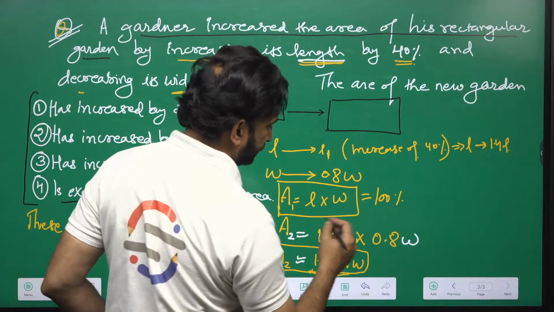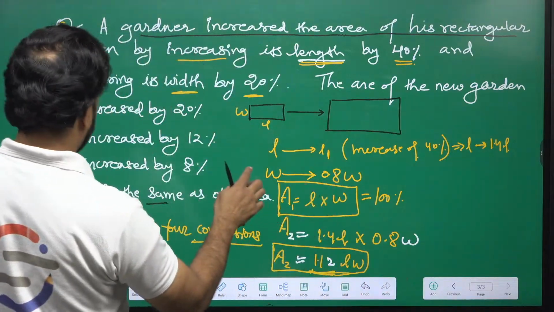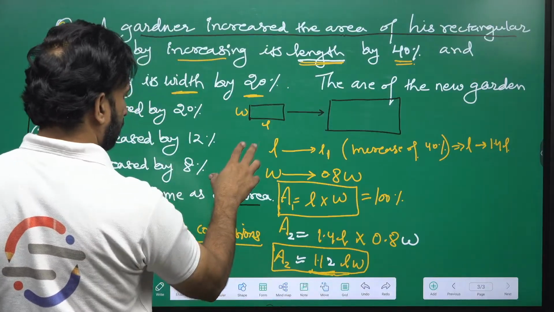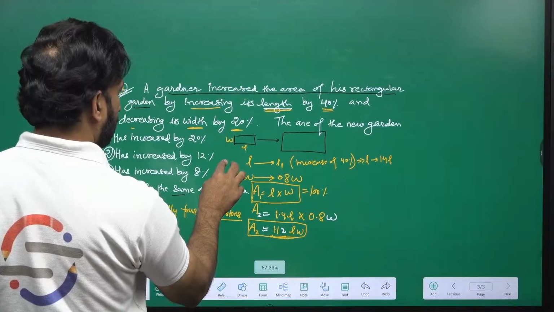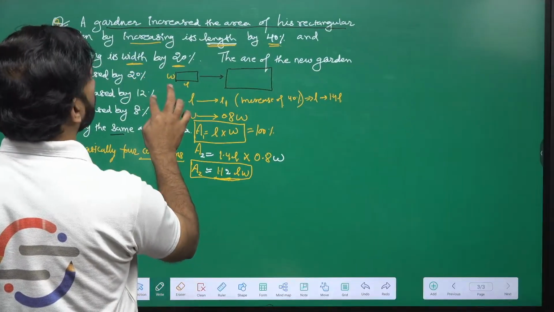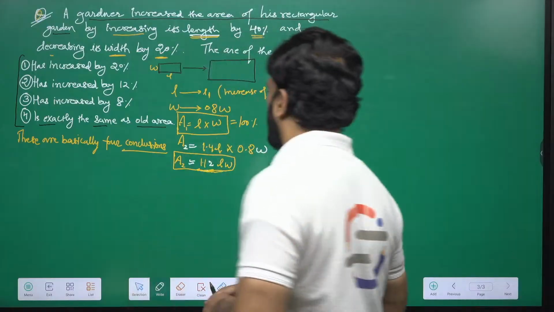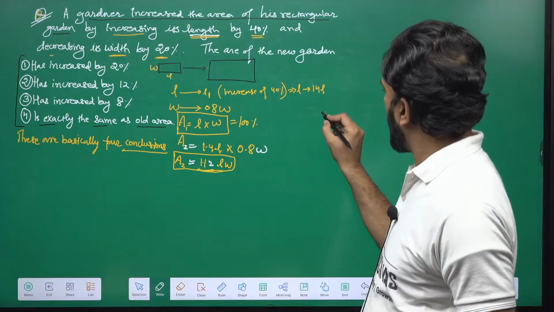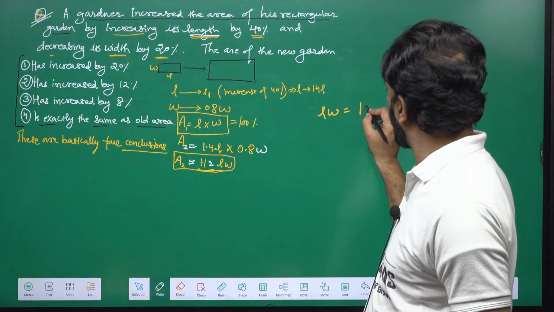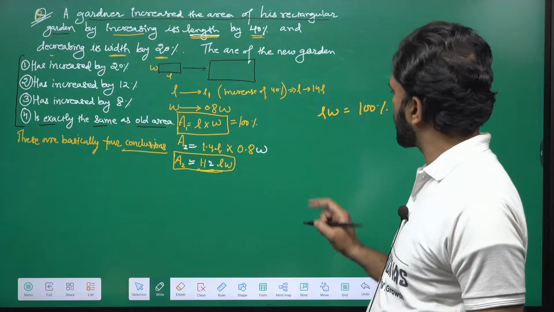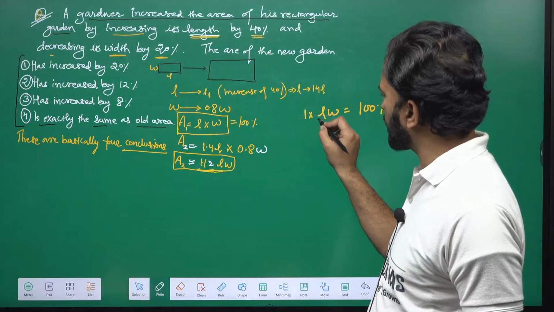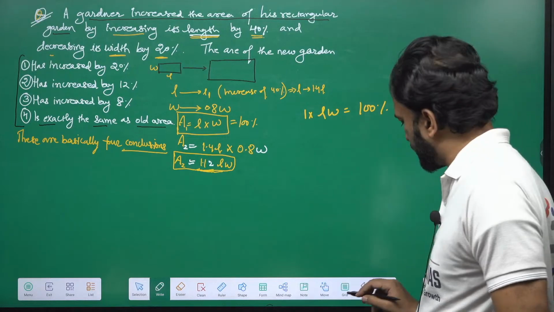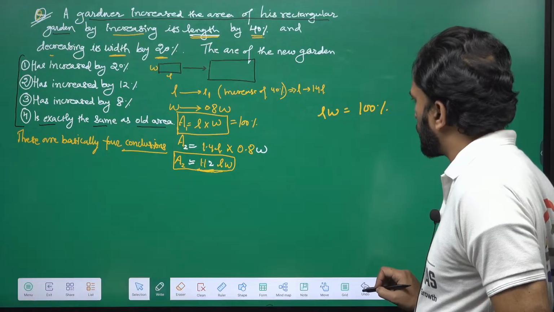Now we have more space, right? See, LW is equal to 100%. If you multiply by 1, it will be LW only.